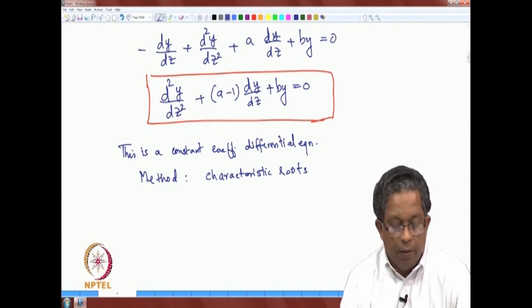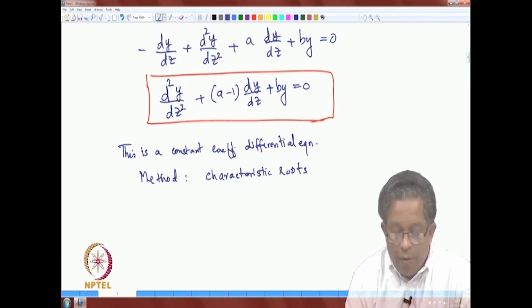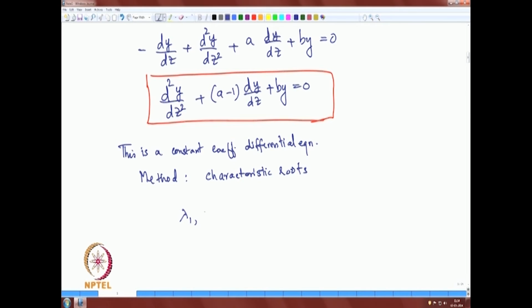So, for example, the roots are given by lambda 1, lambda 2 is equal to 1 minus a plus or minus square root of (a minus 1) the whole square minus 4b, all divided by 2. So, the discriminant of the equation, b square minus 4ac by 2.